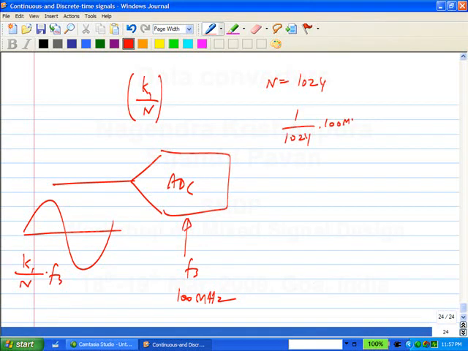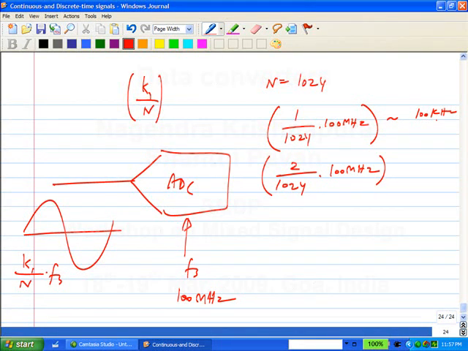This will be of the order of 100 kilohertz. Not exactly that, but it's basically approximately 100 by 1000. But you should choose this accurately. This ratio should be precise. Or you can choose it to be 2 by 1024 times 100 megahertz. No, it's not exactly 100 kilohertz. I said it's approximate.